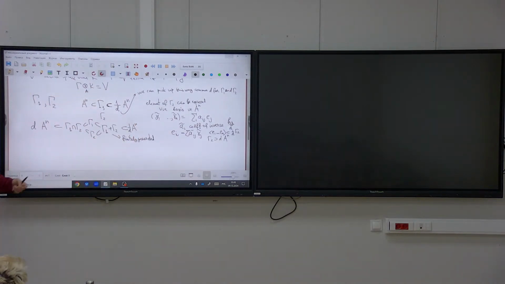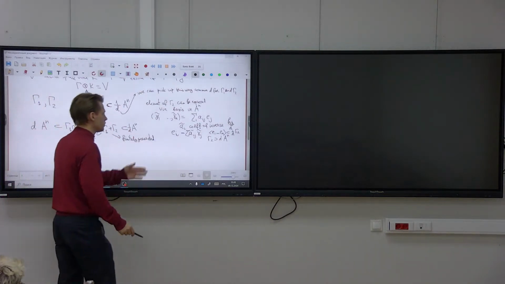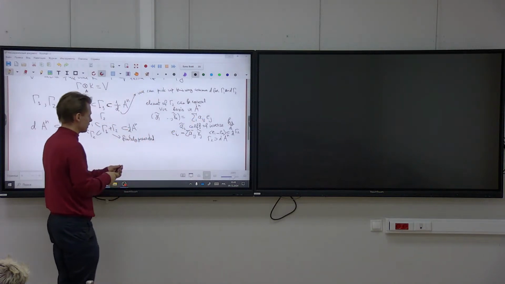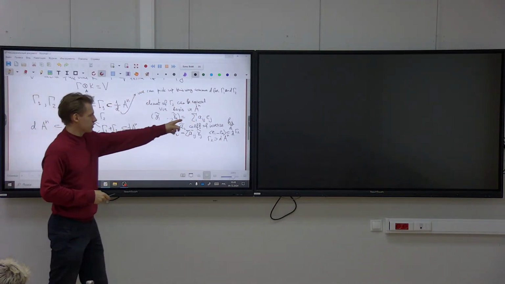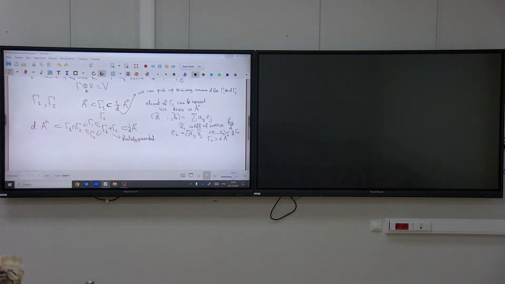So this d is keeping track of the denominators of the first coefficients.